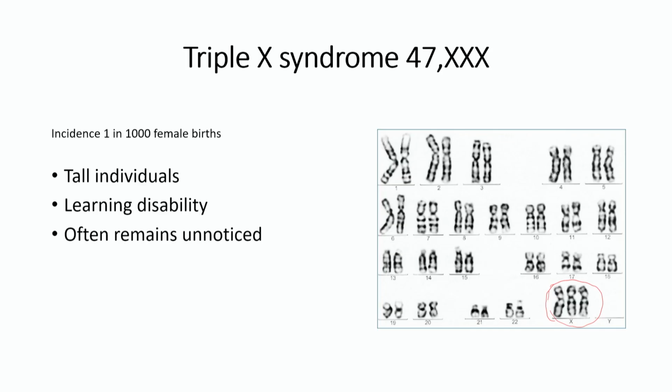The 3X chromosome many a times remains unnoticed except the females are a bit tall, and incidence is 1 in 1,000 female births.